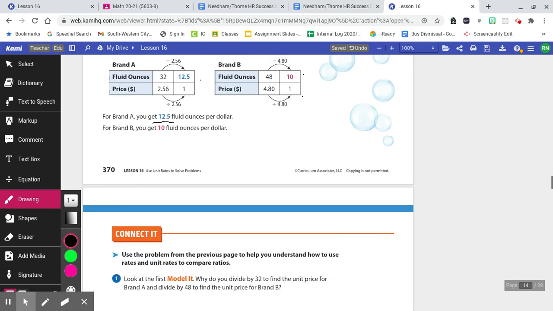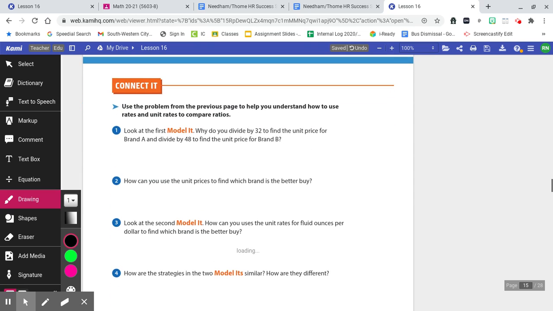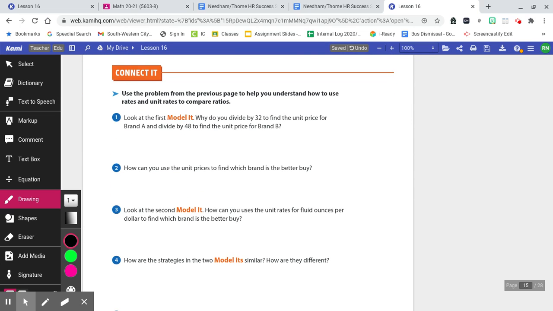Let's go ahead and look at page 371 and look at the first model. Why do you divide by 32 to find the unit price for brand A and divide by 48 to find the unit price for brand B? Why don't you go ahead and write down your answer to that? You want to know the price for 1 fluid ounce. So you divide to get 1 fluid ounce in each table.